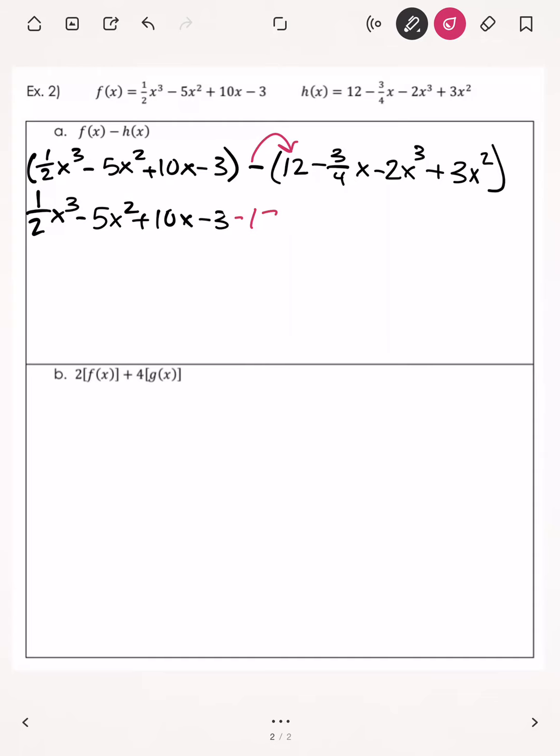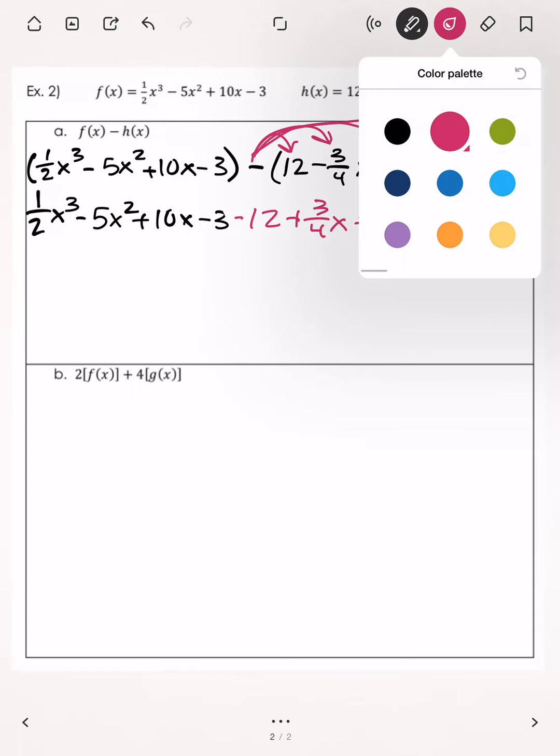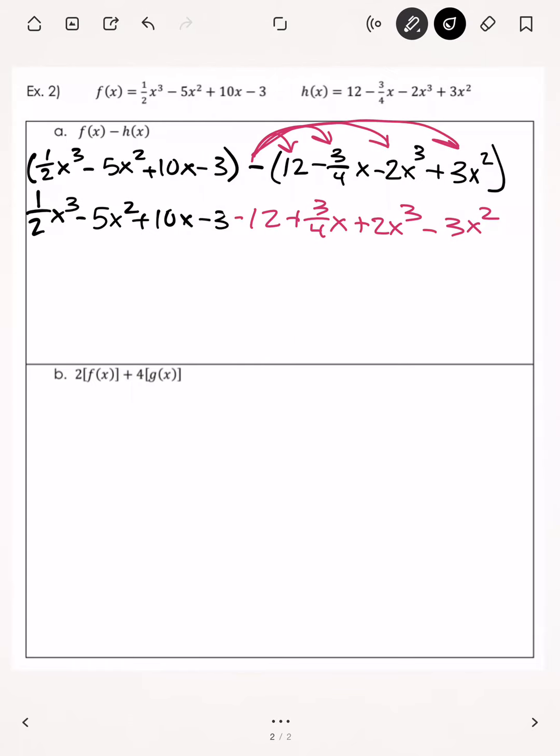So I have a negative 12, a positive 3/4 x, a positive 2x cubed, and a negative 3x squared. So from here, I just combine my like terms. So I'm combining the 1/2 x cubed with the 2x cubed.